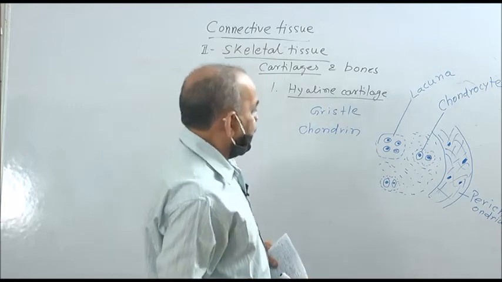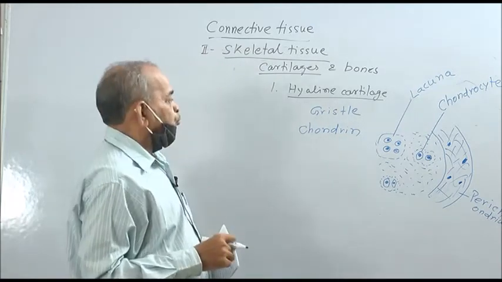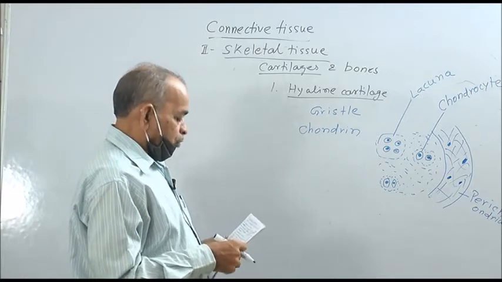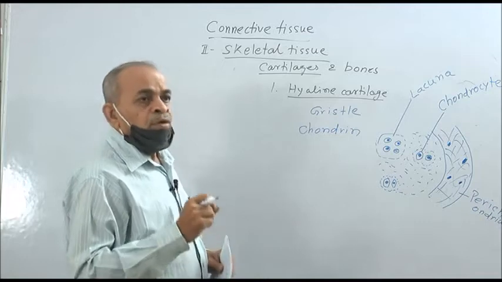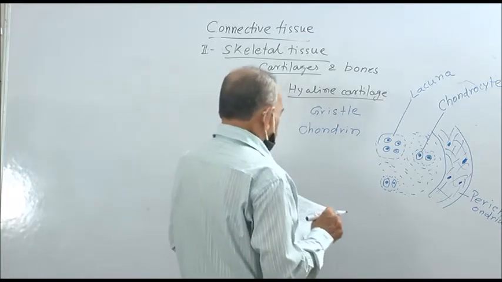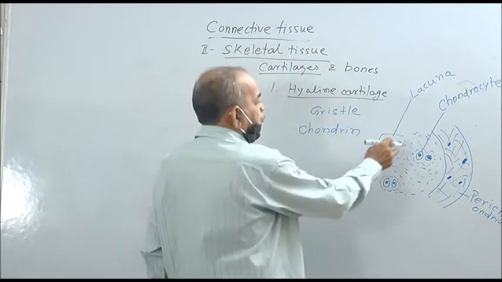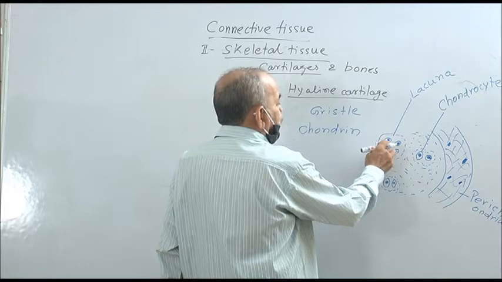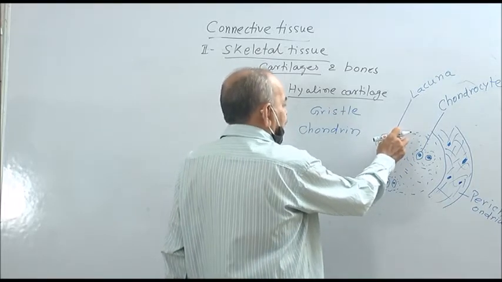These cells occur in groups of 2, 4, 8 cells in fluid filled spaces called lacunae. So here you can see this is a fluid filled space that is called a lacuna.